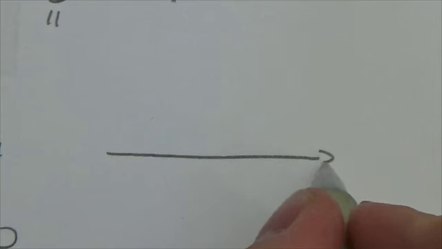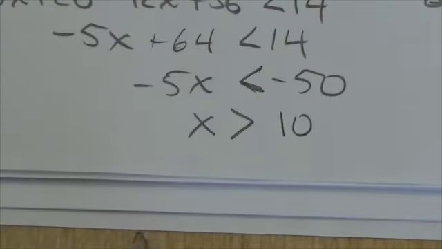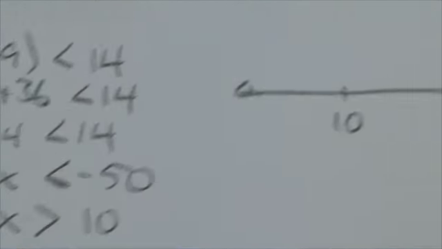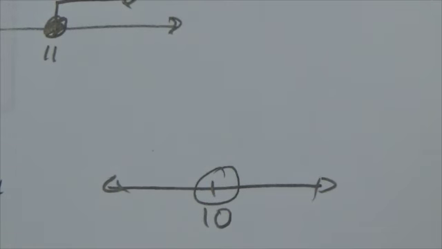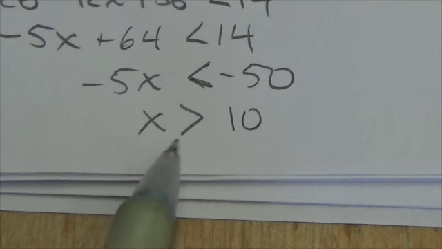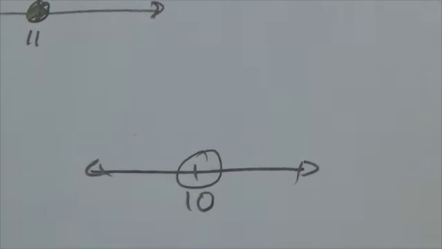So on my number line, I'm going to identify the number 10. That's the important one. My solution here is x is greater than 10. So I'm going to put a circle around it, again, to indicate that the 10 is the number that's important here. But I'm not going to fill it in because my inequality here does not include the 10. So I don't include the 10.